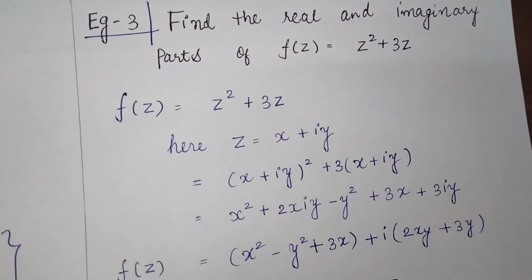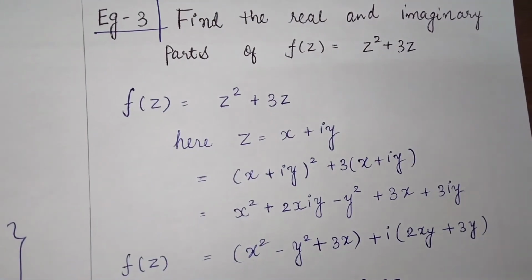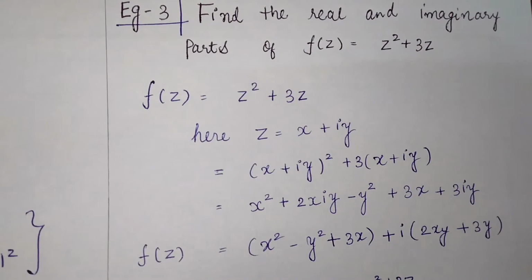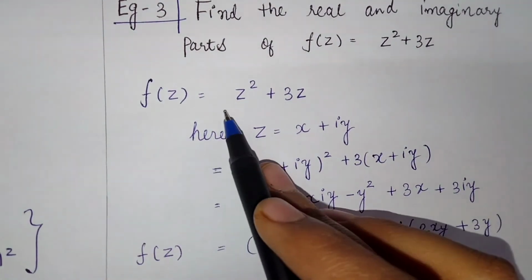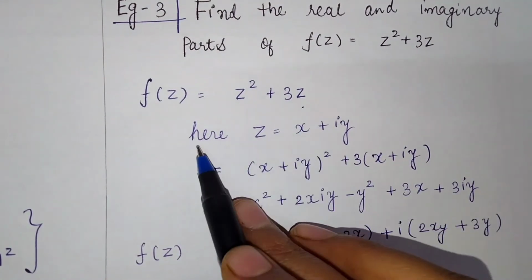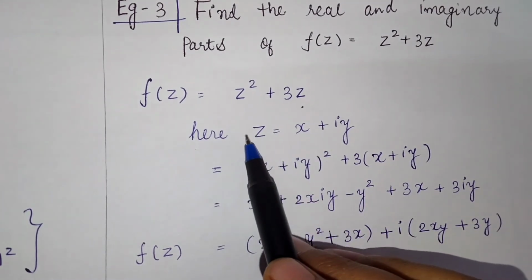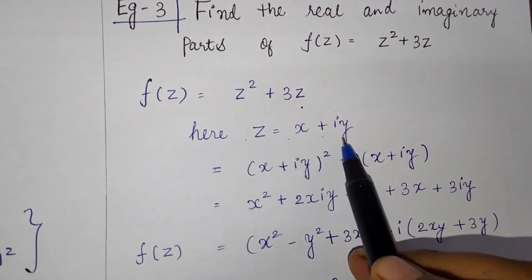Example 3. Find the real and imaginary parts of f of z equal to z square plus 3z. Again, this is a very simple example. You just have to find the real and imaginary part of the given function. So f of z is z square plus 3z. We know that the value of z is x plus iy.